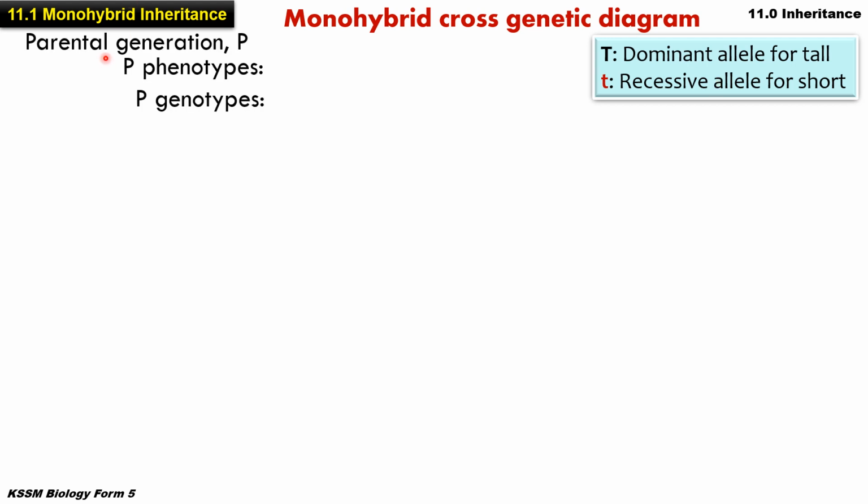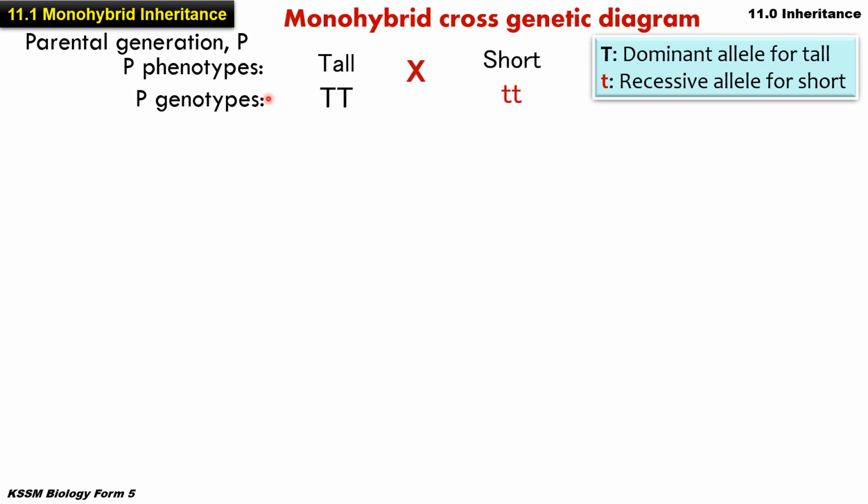Tuliskan, okay, parental generation P. Yang pertama tulis P phenotype. Maksudnya parental generation phenotype. Bawah dia you write down P genotype. Baik, make sure dua titik ni adalah sama baris, same line. Maknanya you ambil satu pembaris, you buat dot-dot kat situ. Okay.